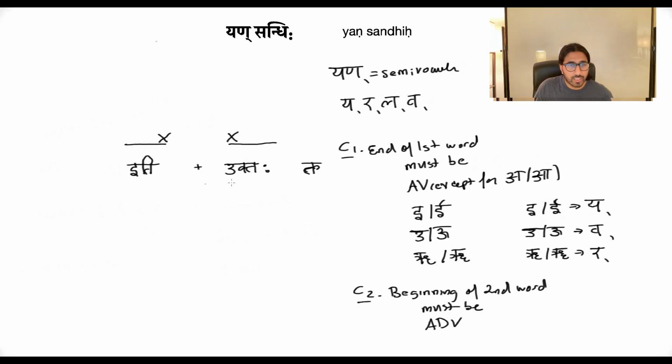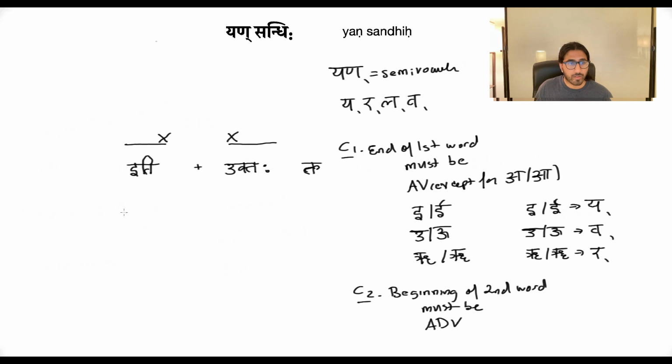So, iti plus uktah. Again, end of the first word must be any vowel except for a or ā. Is that true? Yes, it's an i. Beginning of the second word must be any dissimilar vowel. It's a u. So we have both conditions fulfilled.